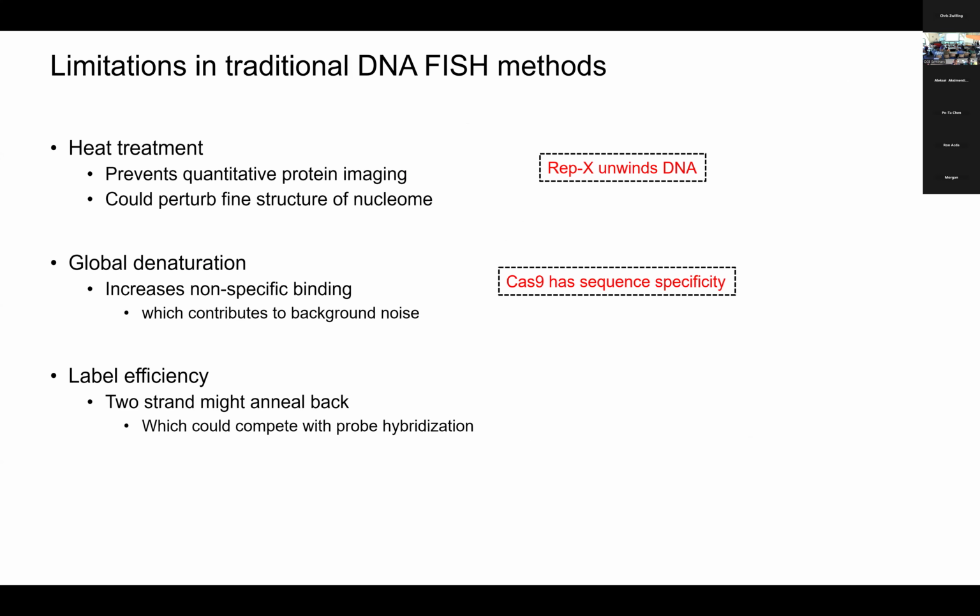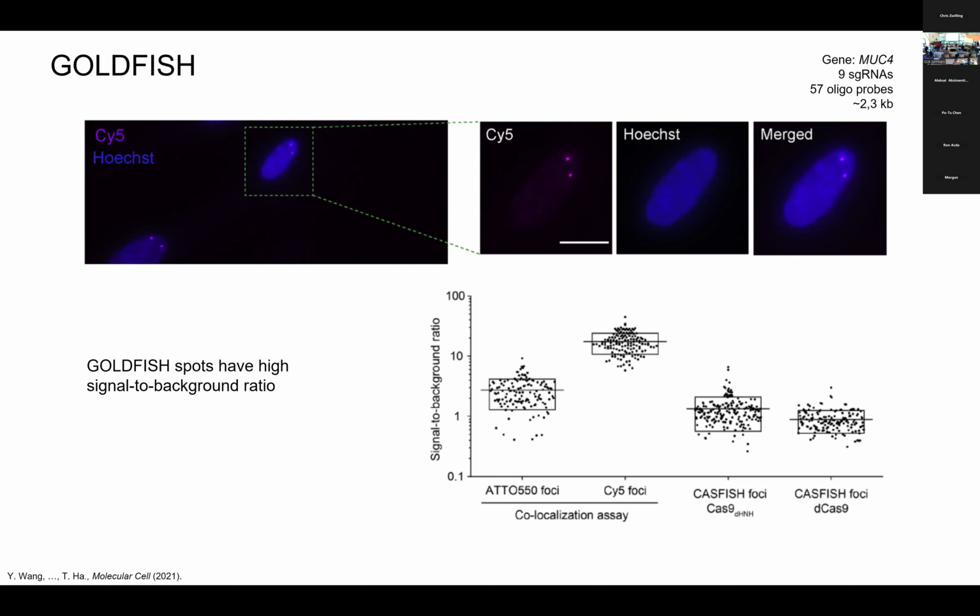Sorry, back to that plot again. Is this oligo, or is this Nick translation, your probes? Oligo. So how many oligos are you designing for it? This specific one here is 57. And you're comparing with CAS-FISH that has a single dye of the same type, is that right?